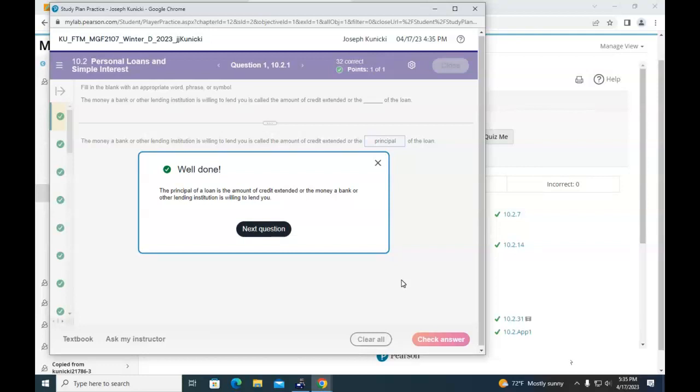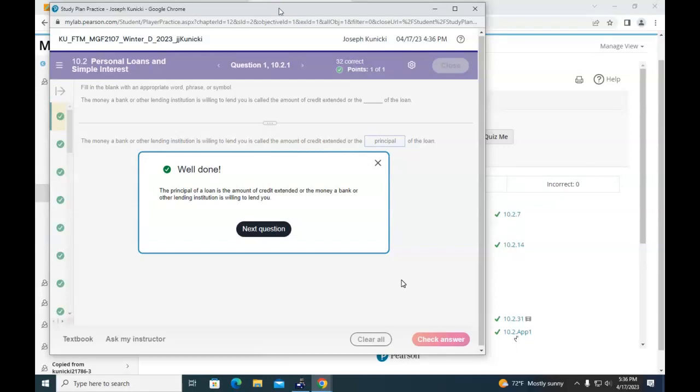I equals P R T. So P is the principal or present value. R is the annual rate of interest.